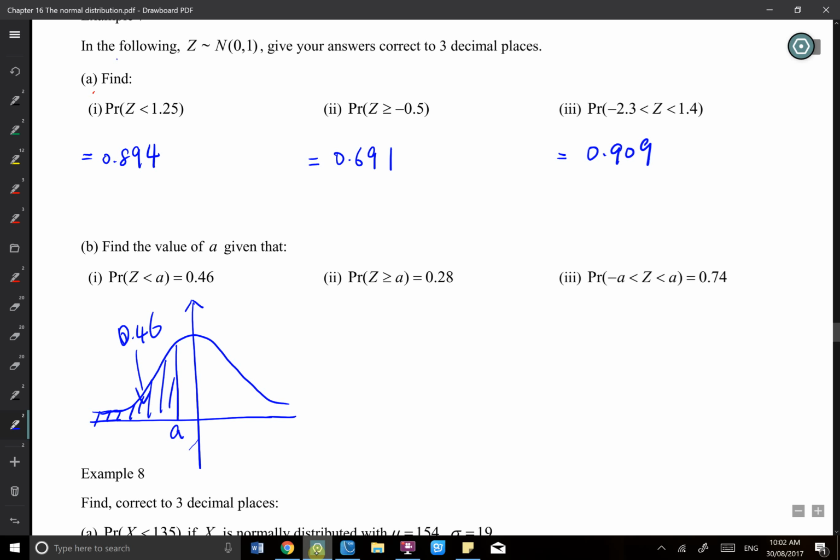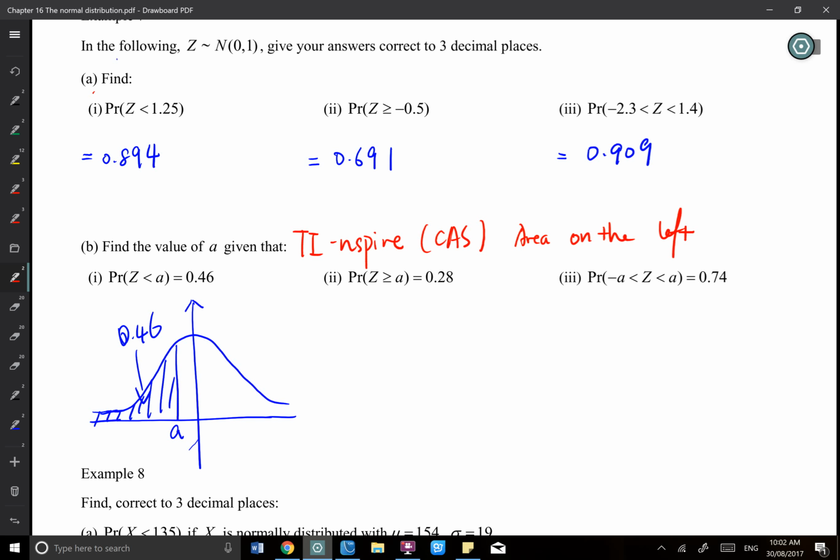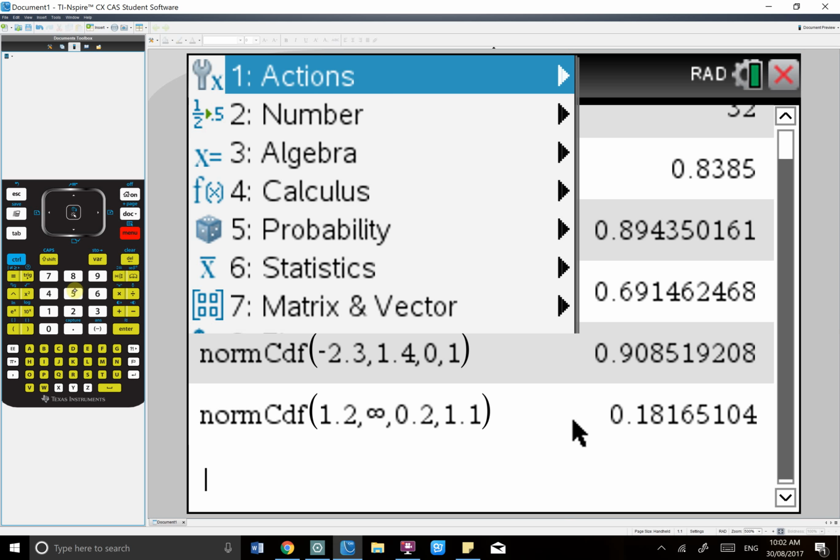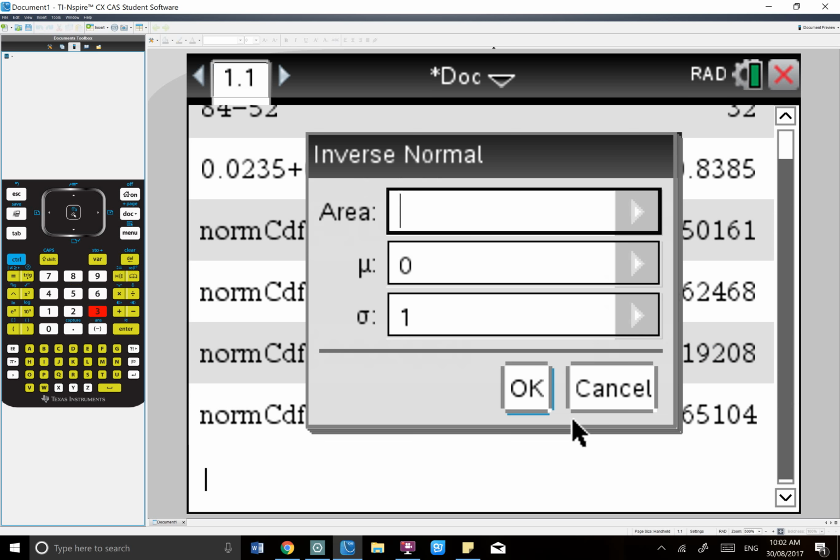So be careful. This is called the inverse normal. In this CAS calculator, we can only find area on the left, smaller than a number. If I know that greater than A is 0.54, it's not working that well. You need to think about the left-hand side. So go to menu 5, number 3, which is the inverse normal.